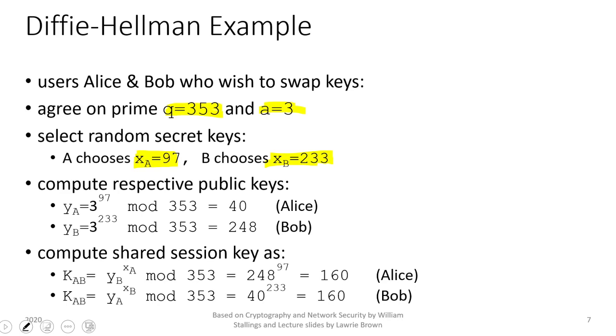Then A would compute their own public key and share that with Bob. Similarly, B would compute a public key and share that, which is what Alice is going to receive. Now, if we put that together with the shared information and create the shared session key, what we would get is the same value.